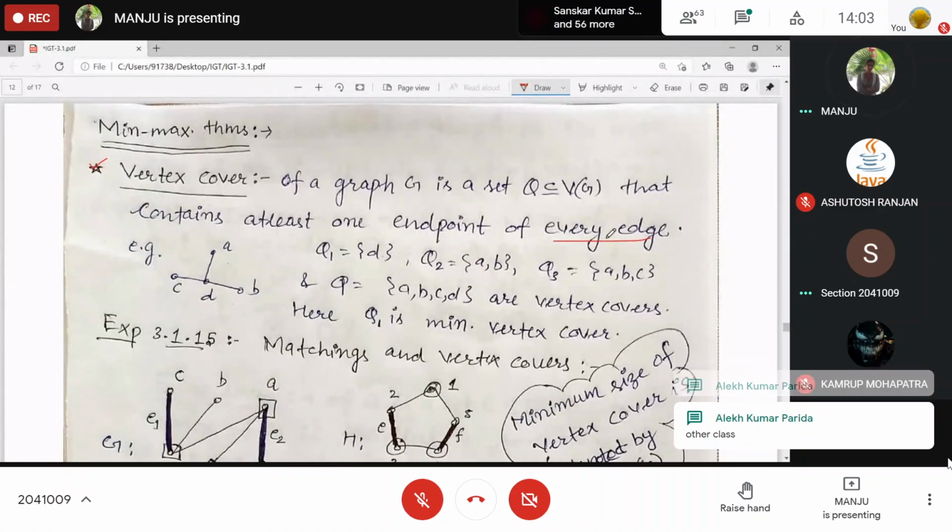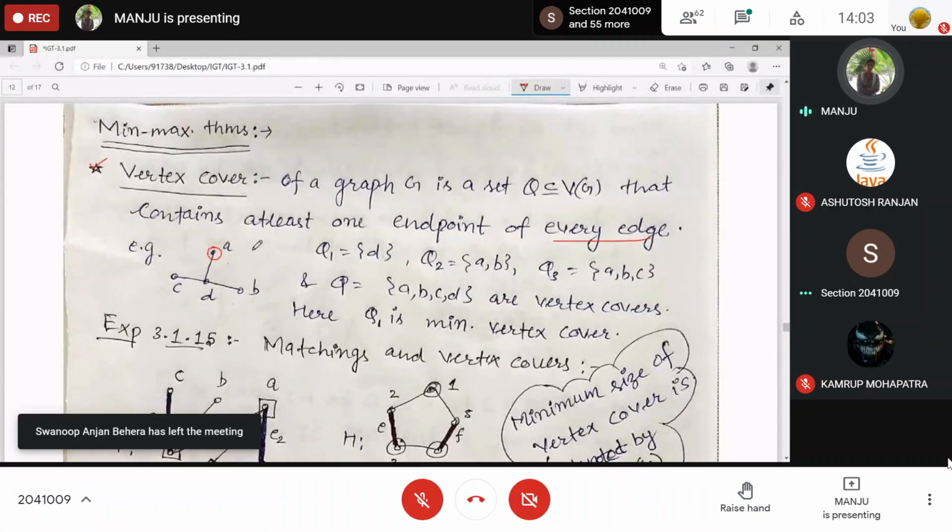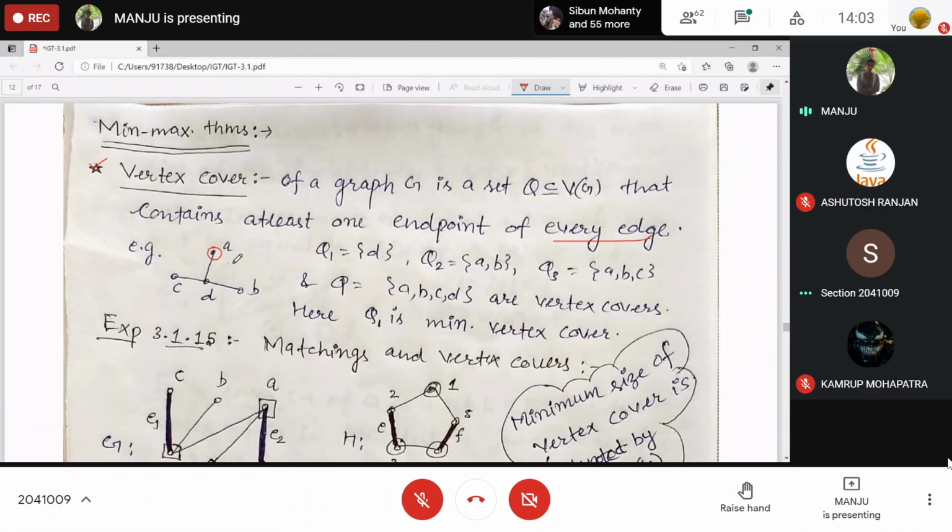Clear? For example, if you take A, does it contain at least one endpoint from every edge? Means, is A covering all the edges or not? A is just covering this edge, right?